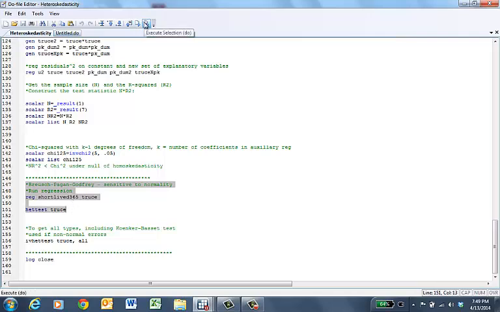The Breusch-Pagan test and the Cook-Weisberg tests are implemented as tests on random coefficients. So both of these tests, as opposed to the White test, assume a specific functional form for the heteroskedasticity.